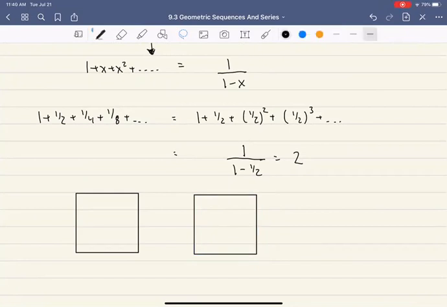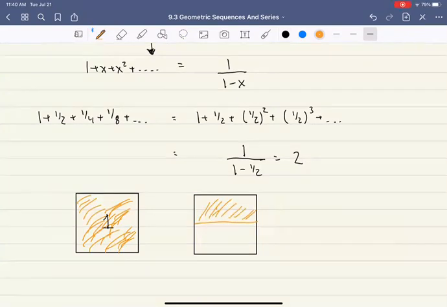So 1, we're going to fill in this box. That's our 1. Now 1/2. We're going to fill in half of this box. Okay, 1/4 is half of what's left.